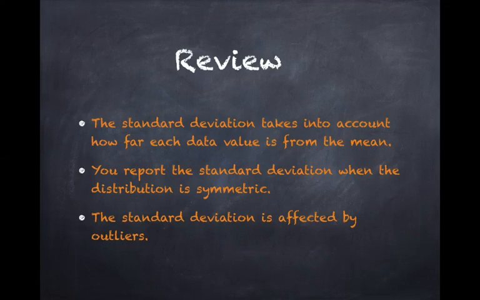The reason being is because the standard deviation is affected by outliers. And so you can report the standard deviation with outliers. You just want to take a note that it could be higher and is affected by those outliers. And so there's what the standard deviation means. That's how you can find the standard deviation by hand.